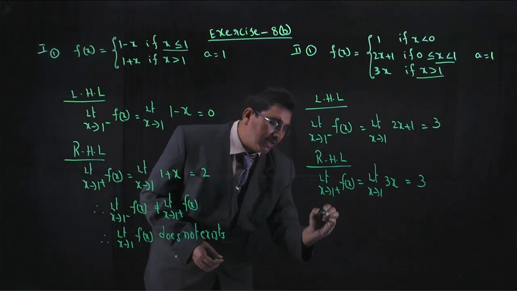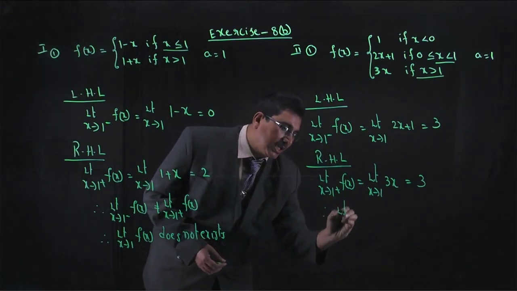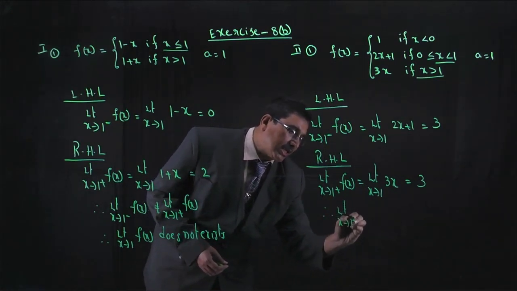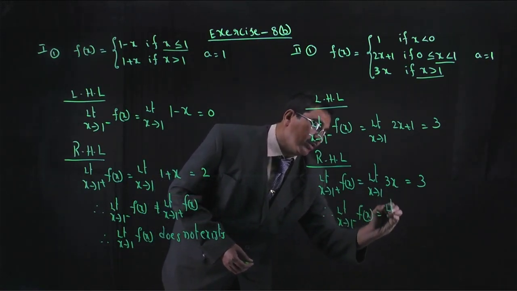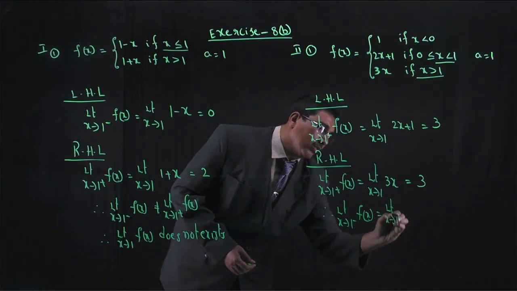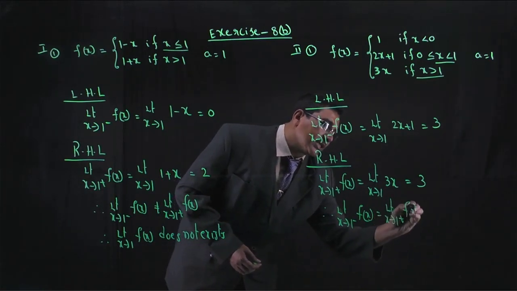Therefore, limit x tending to 1 minus f of x is equal to limit x tending to 1 plus f of x.